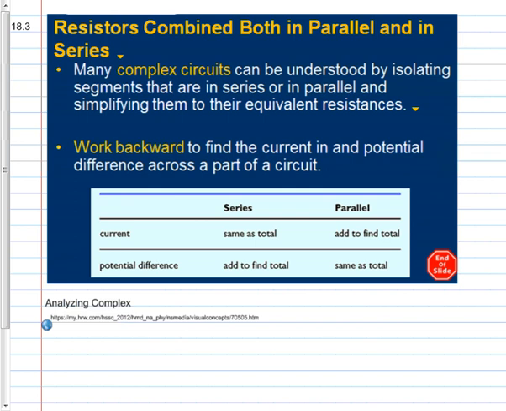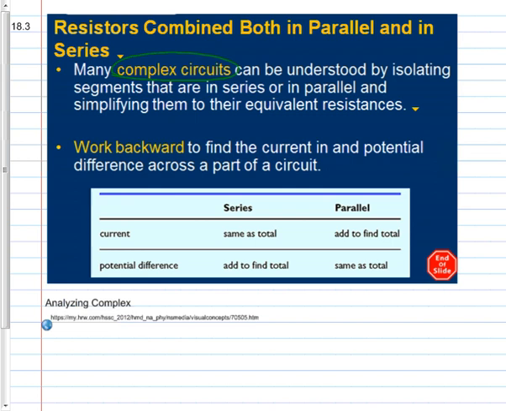So we don't have only series resistors or only parallel resistors. We have more complex circuits, which just simply means we mix these things all together. No problem. We can understand them by isolating segments that are in series, and we can put those together, or segments that are in parallel, and we can put those together.